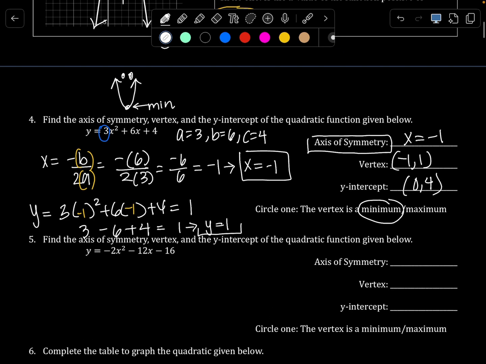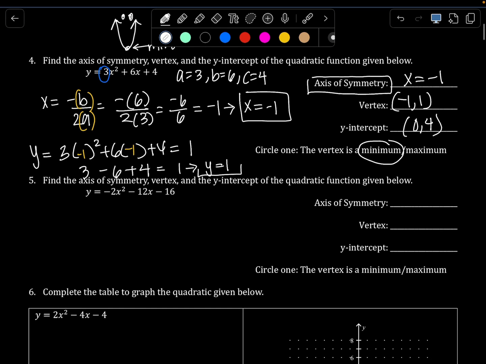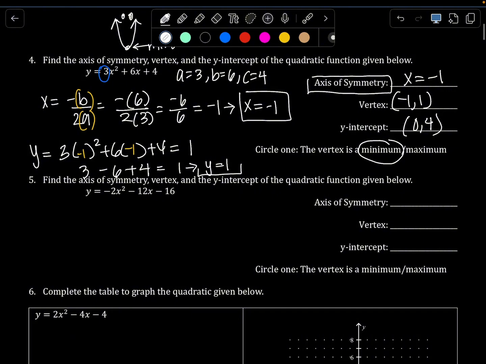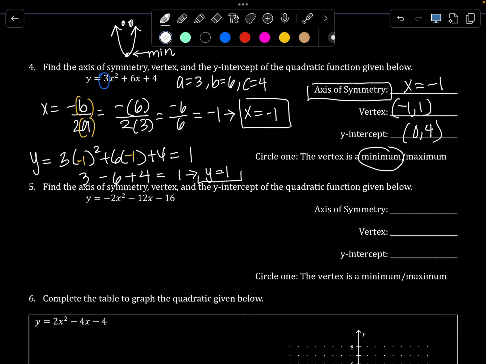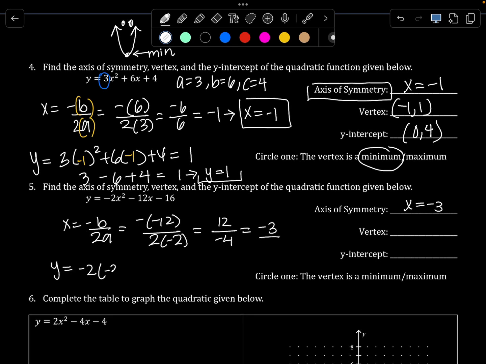All right. Make sure you're writing this down. Number 5, same idea, right? Now see if you can give that one a try. I think a lot of you did. So I'm just going to go ahead and do it for you. You can check your answers here. All right, there you go. You plug this into your calculator.